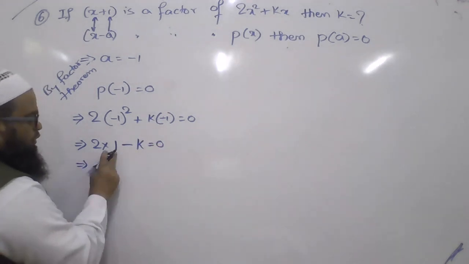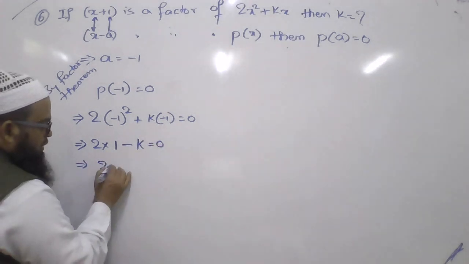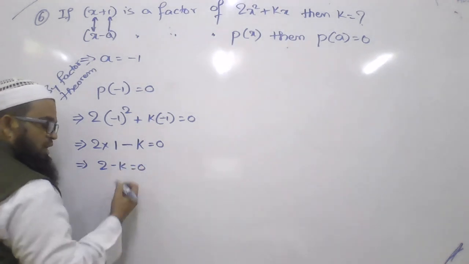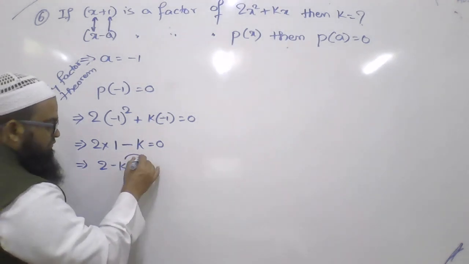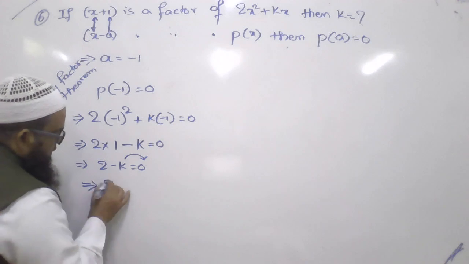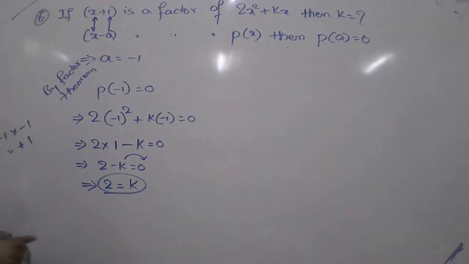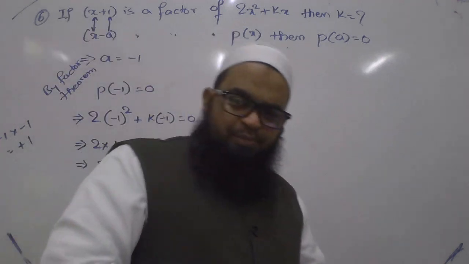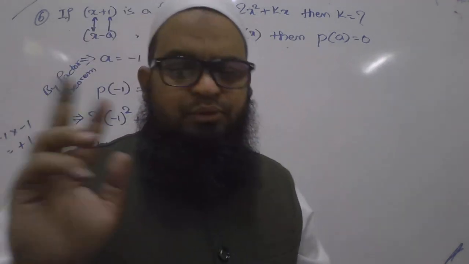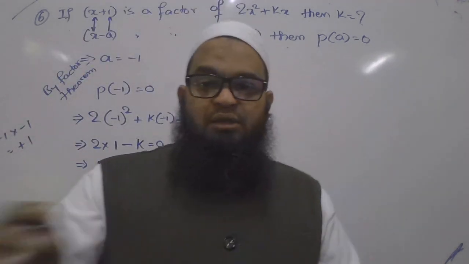So 2 into 1s are 2 ones are 2. 2 minus k is equal to 0. And since the variable is negative, transpose it. So 2 equals k. So we have found the value of k. Simple. If you do these kind of problems 2 or 3, you will not forget the concept.